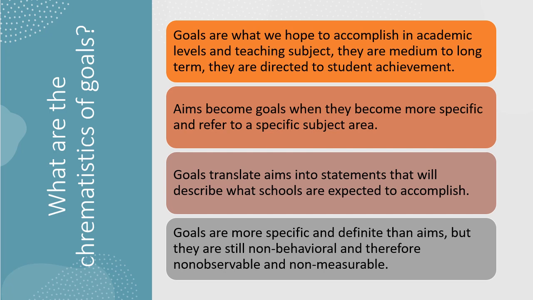Goals translate aims into statements that will describe what schools are expected to accomplish. Goals are more specific and definite than aims, but they are still non-behavioral and therefore non-observable and non-measurable.